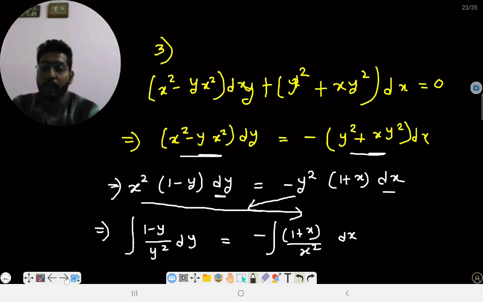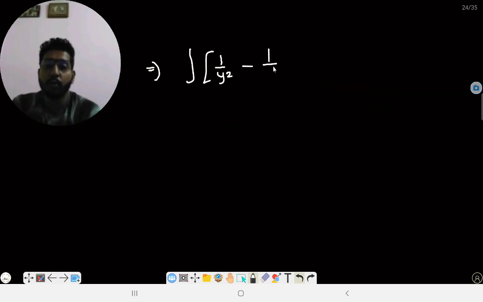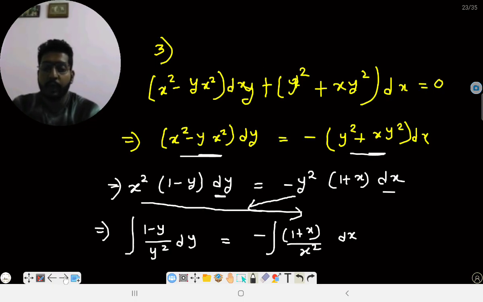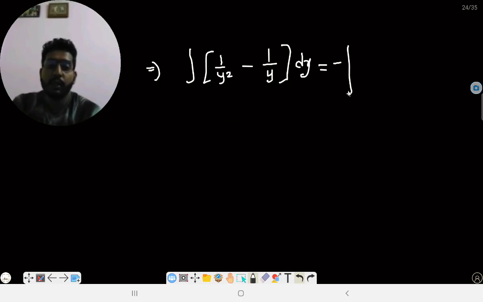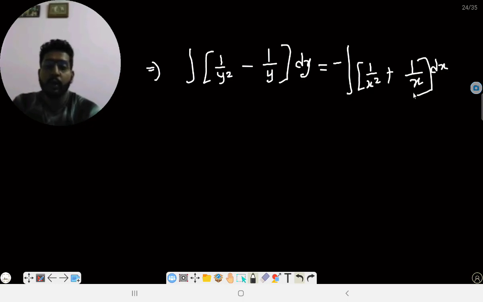Separate this one: 1 by y square minus y by y square, which is 1 by y, dy, equals the integration of 1 by x square plus x by x square, which is 1 by x, dx.